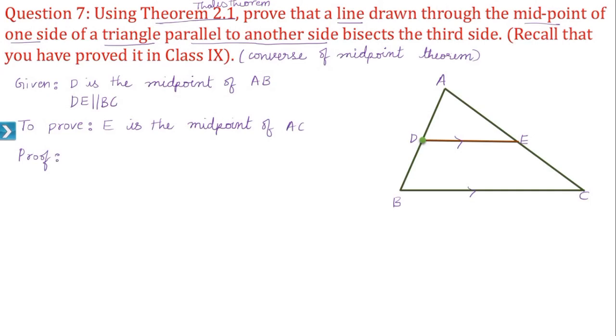Now write here, DE is parallel to BC. So DE divides the sides AB and AC in the same ratio. And also D is the midpoint of AB. So AD is equal to DB. D is the midpoint of AB, so AD is equal to DB.